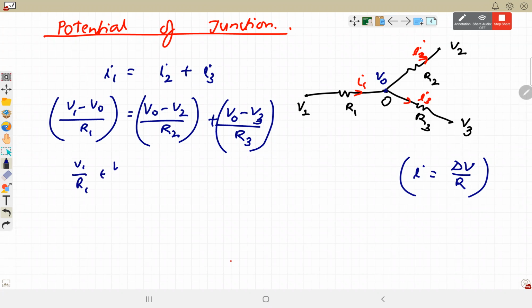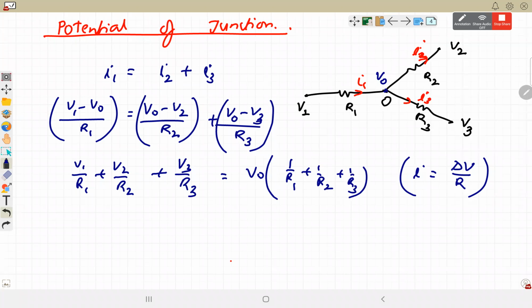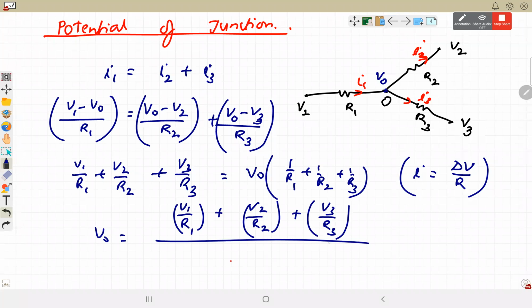V1 by R1 plus V2 by R2 plus V3 by R3 is equal to VO times (1 upon R1 plus 1 upon R2 plus 1 upon R3). So from here we can calculate the potential of the junction: V1 by R1 plus V2 by R2 plus V3 by R3 divided by 1 by R1 plus 1 by R2 plus 1 by R3.